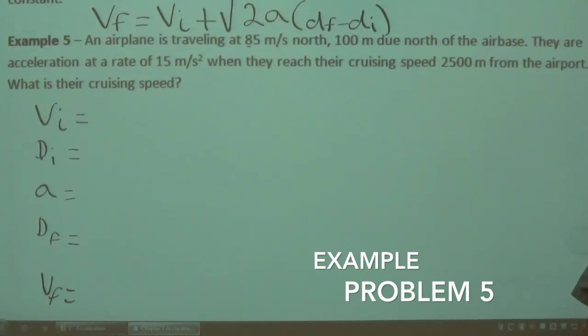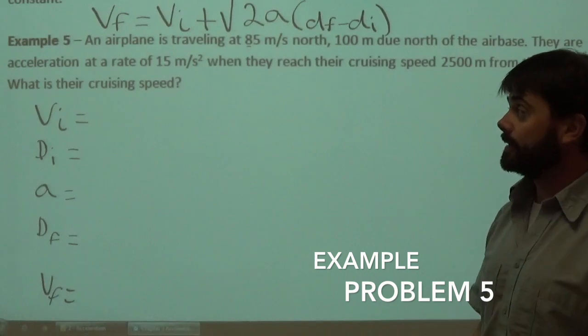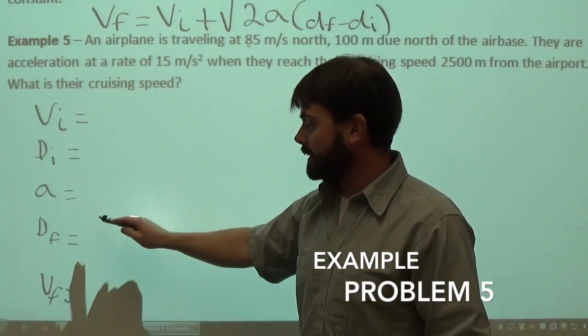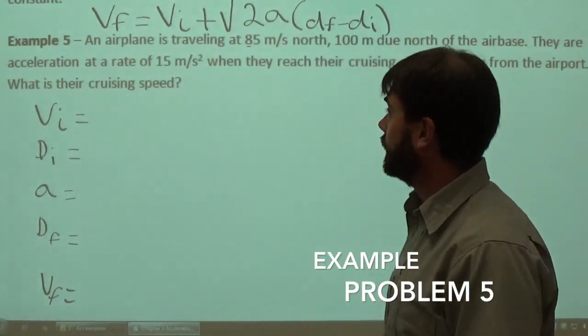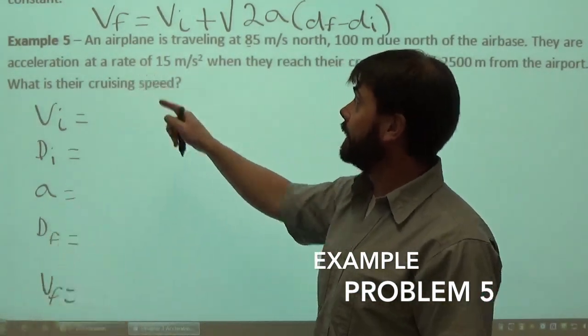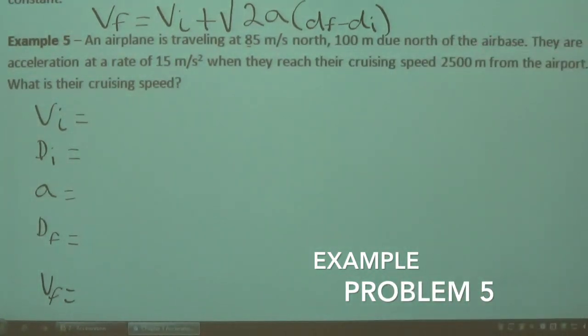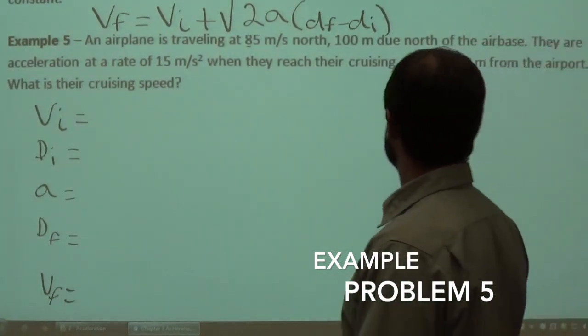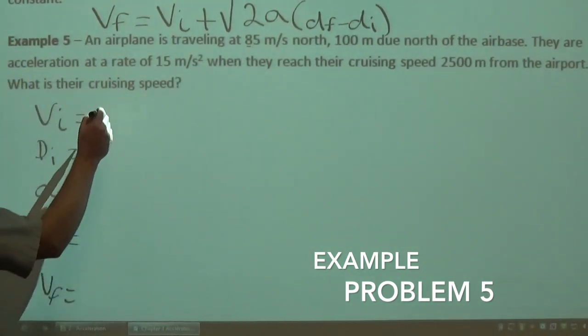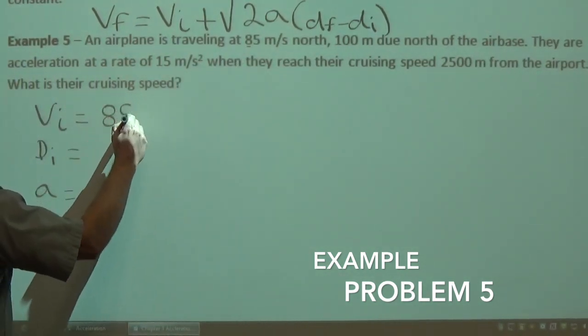So for example 5, we have a few equations we haven't used yet. We got velocity initial, distance initial, acceleration, distance final, velocity final. The problem reads this. An airplane's traveling at 85 meters per second north, 100 meters due north of the airbase. So the initial velocity that they give us is 85.